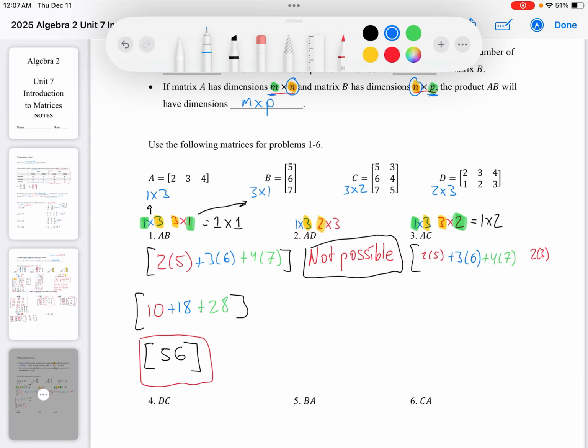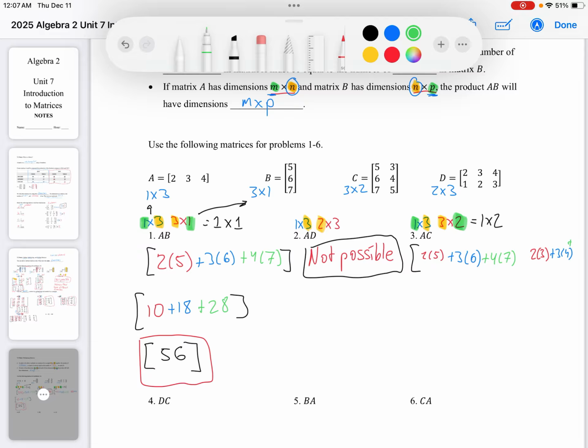And then we do the 3 from matrix A, the 4 from matrix C, the second number of the second column here. And so this would be plus 3 times 4. And then finally the last number for matrix A, and then the last number for matrix C, that would be 4 times 5.